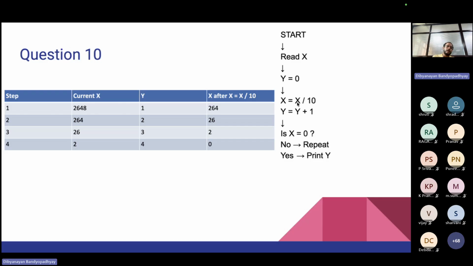Then you divide it by 10 to strip one digit from the right-hand side, and you increment the value of y to y plus 1. Then the value of y will be 1. So now one digit is cut off, and you increment the value of y to 1. So these are two variables, two operations going on in parallel. These are the important things that will be useful for other questions.